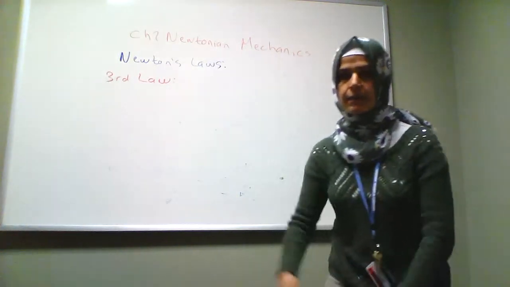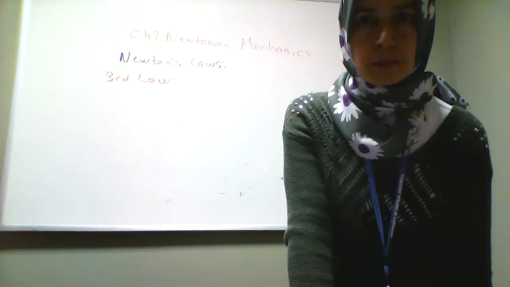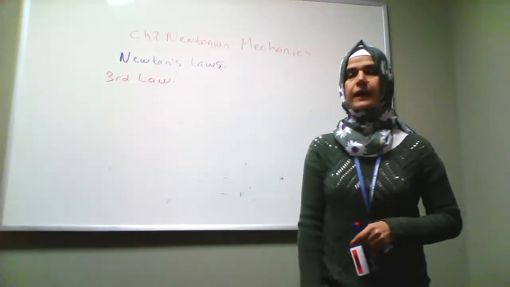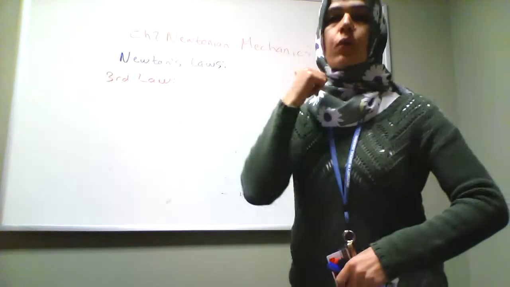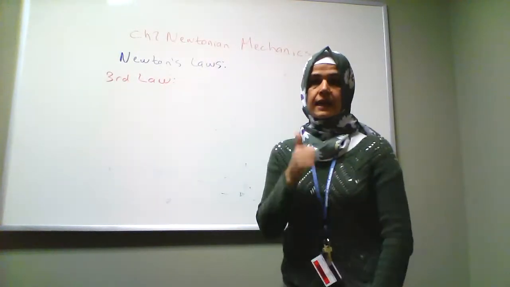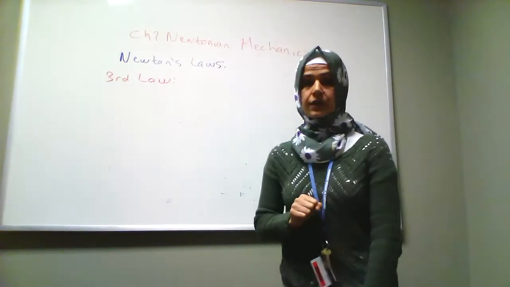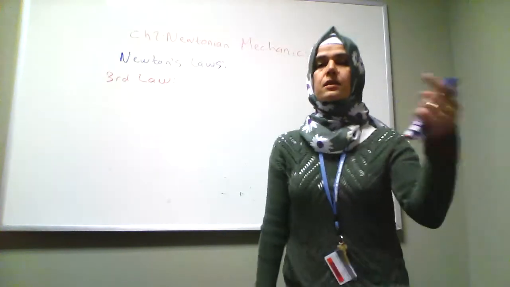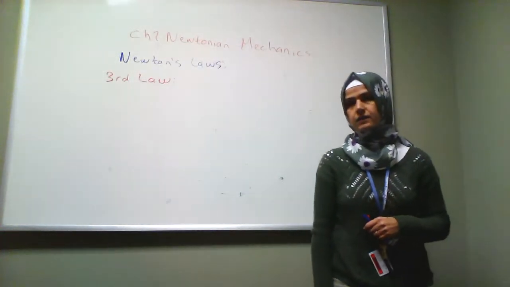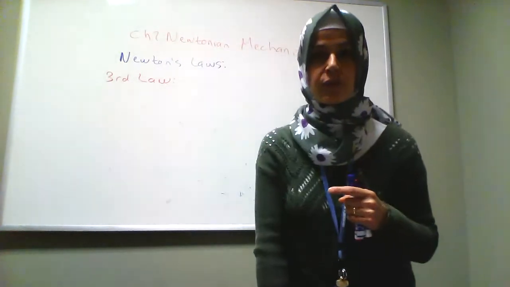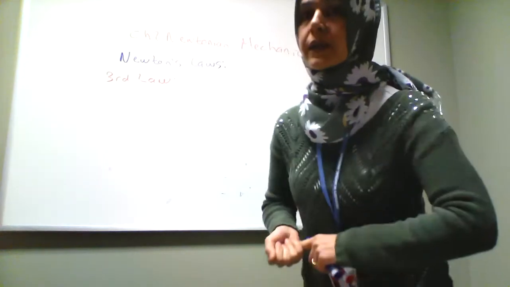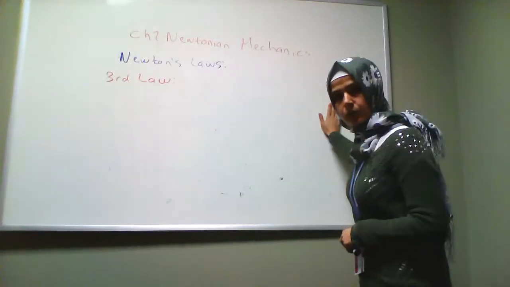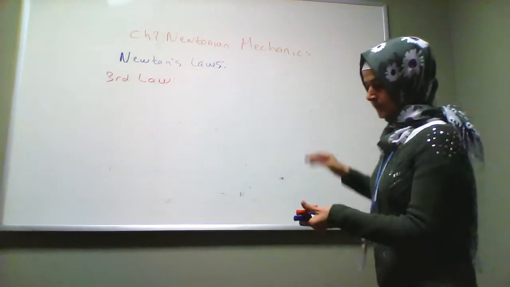So if I am hitting my hand on this table, my hand hurts because the table is hitting me back with the same force, equal magnitude, opposite direction. The harder I hit, the more my hand will hurt because of the force exerted on my hand by the table. If I hit on the board, the same happens.